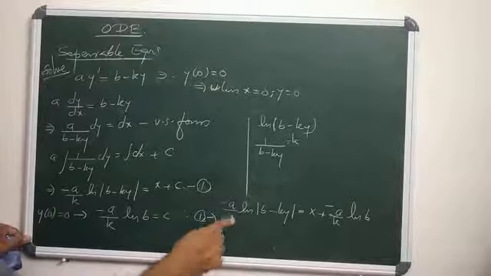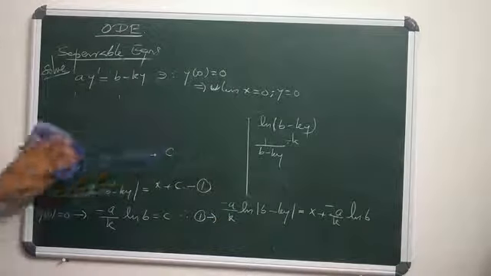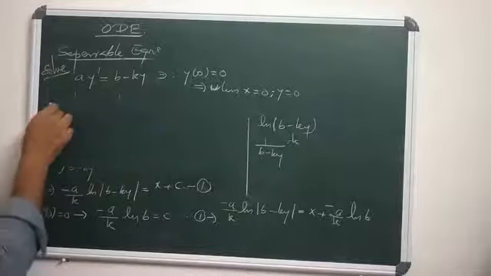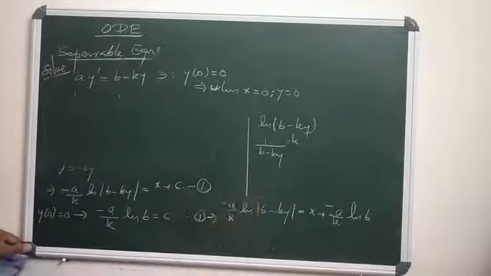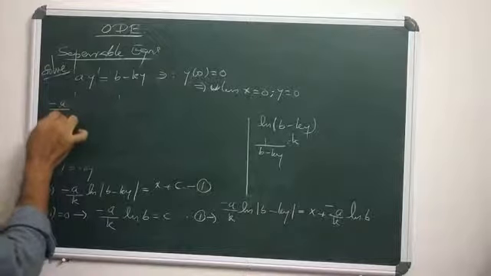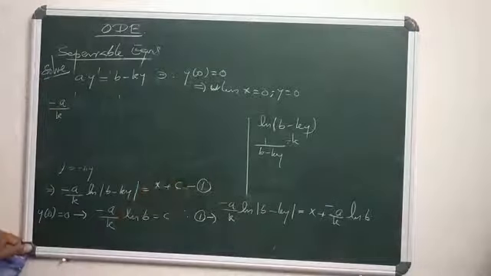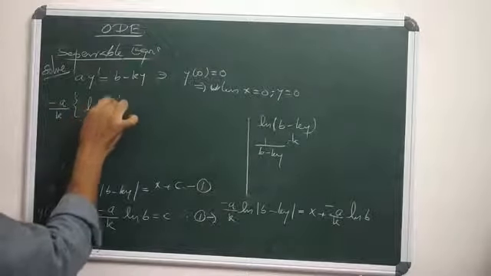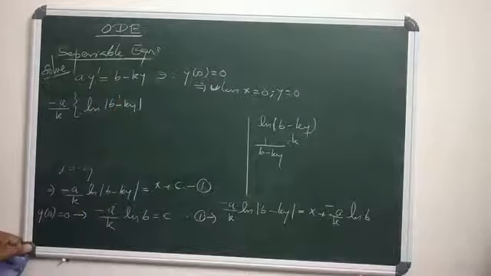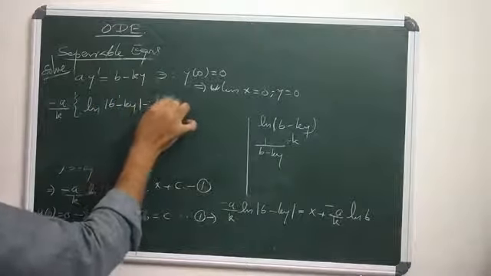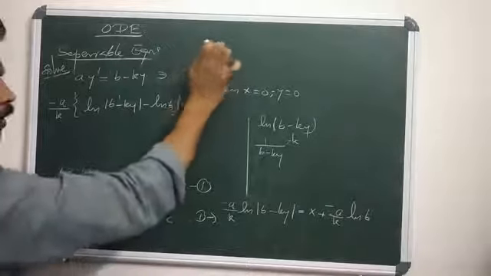Bring this minus a by k log b to the right side. So it is minus a by k into log b minus k y minus log b equals x.